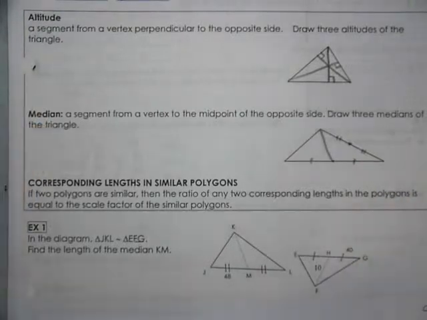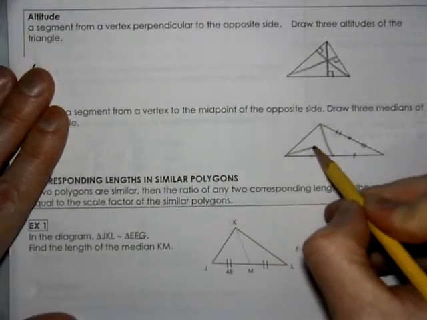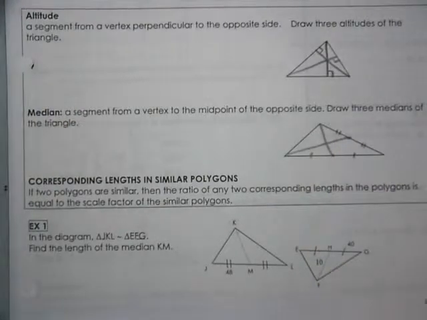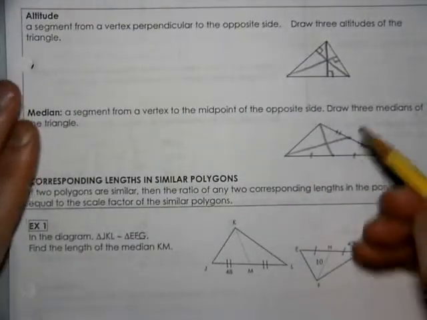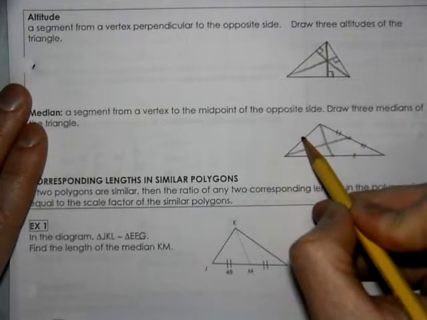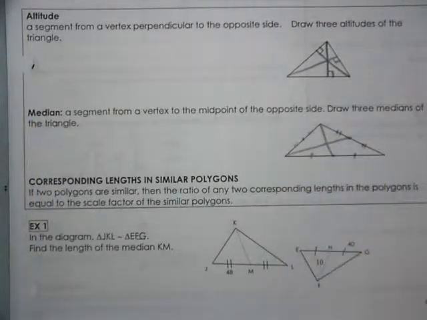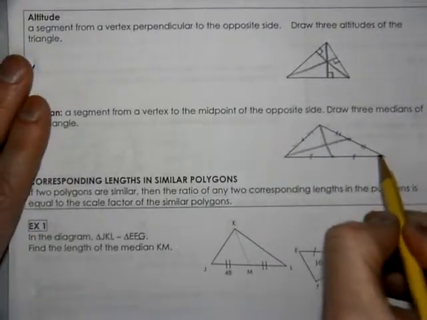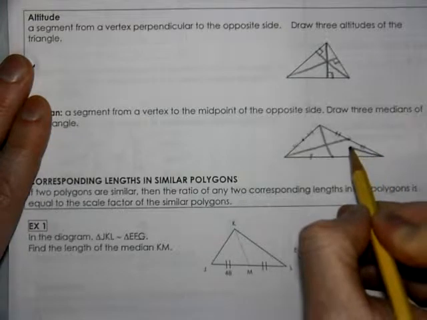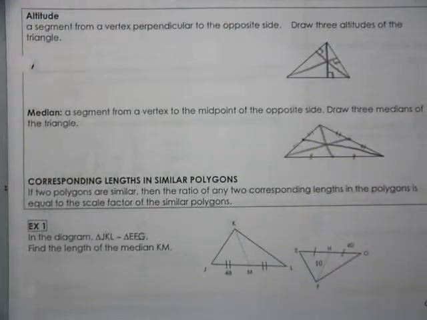So if we divide that side into 2 equal parts, and we draw a segment that connects that, that's called a median. And notice that the medians will all touch at the exact same location.